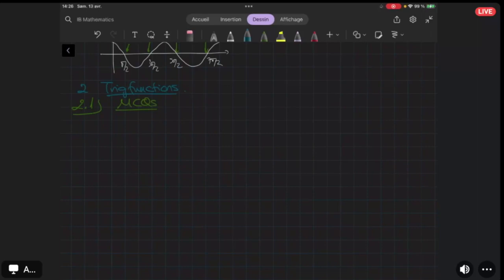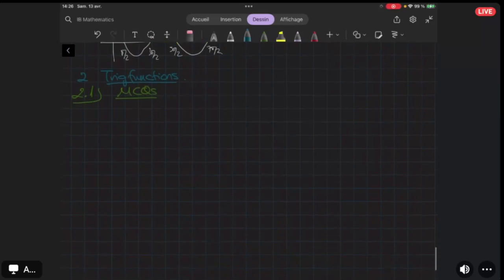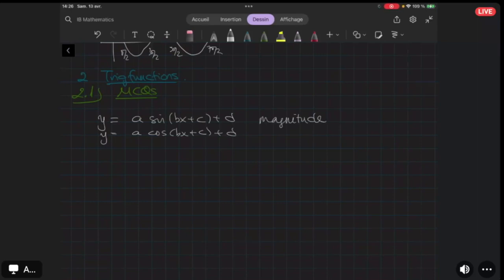All right, so what do we get in the poll? All right, the period is. So, quick recap. A sine of bx plus c plus d, or y equals a cosine of bx plus c plus d. The magnitude, we'll talk about later. The period is going to be 2 pi over the absolute value of b.